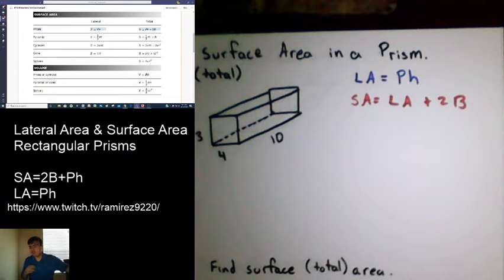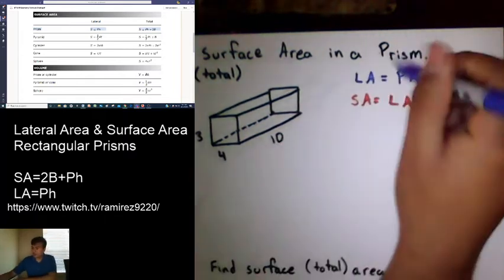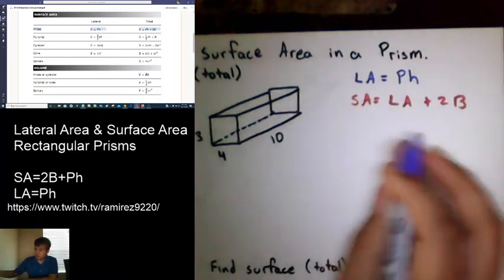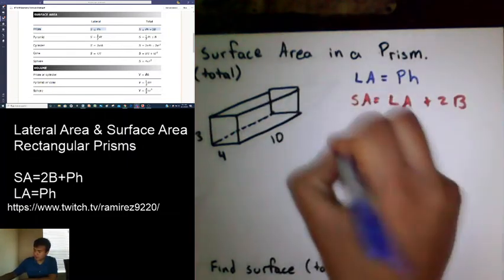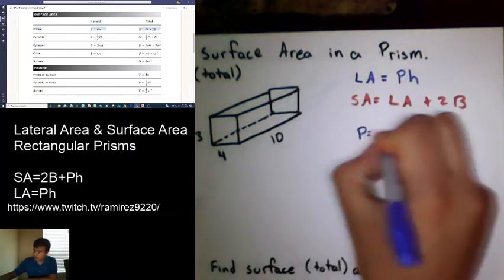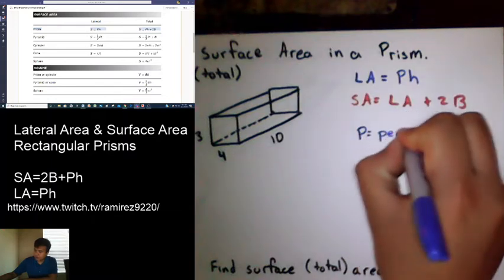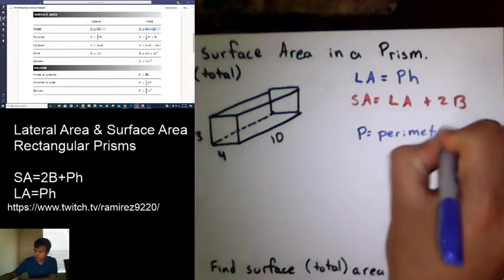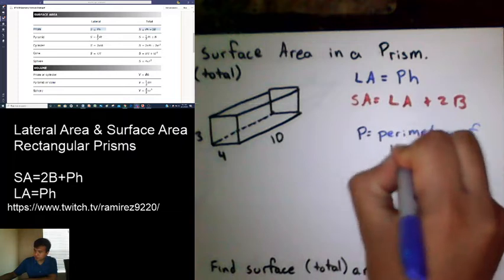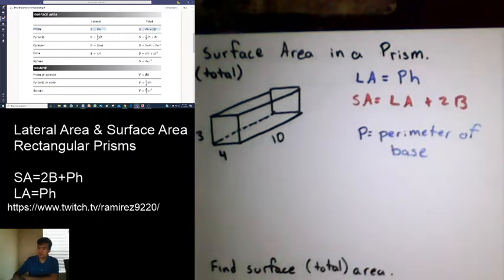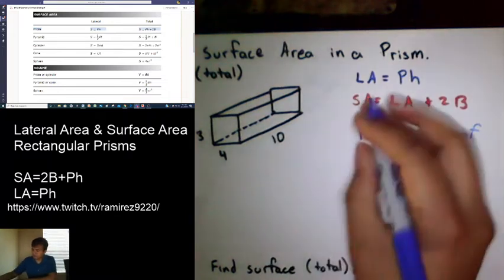The most important thing here is understanding what the variables represent. Again, the letter P stands for perimeter, and it is the perimeter of your base. The letter H stands for the height of the prism.